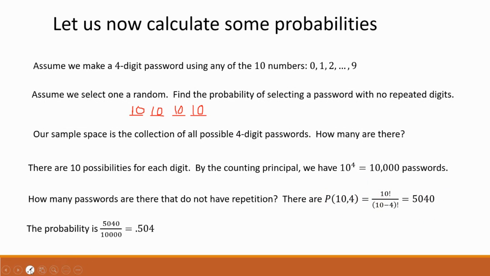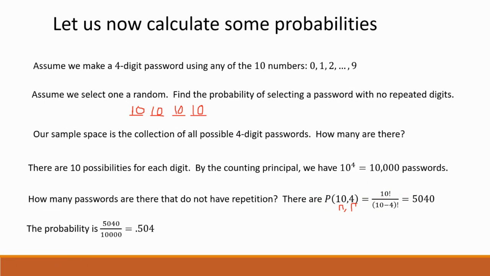So here, this is our n. N is how many possibilities there are. N is 10, because we're making a password with 10 possible digits. The password's 4 units long, so we're arranging 4 of these digits to make a password. R is 4. So we have P of n r, and we have this.